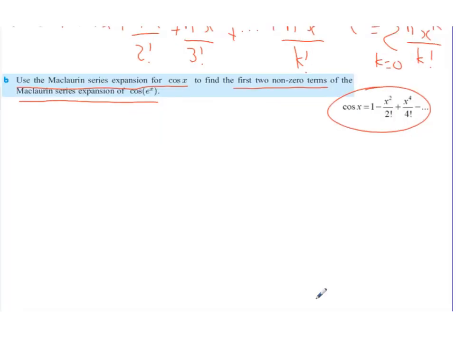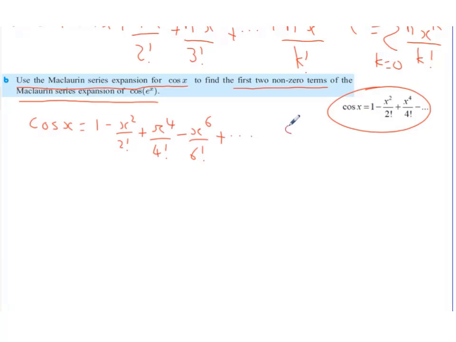Okay, so if we first write down the series for cosine x. So cos x equals, well, it's 1 minus x squared over 2 factorial plus x to the 4 over 4 factorial minus x to the 6 over 6 factorial plus dot dot dot. If we look at the powers of x are 0, 2, 4, 6. So if n started at 0, it's x to the power 2n.